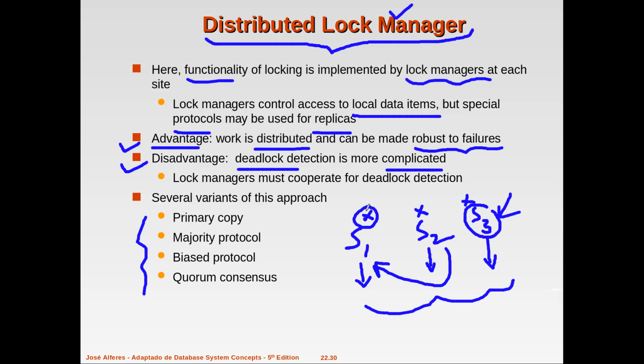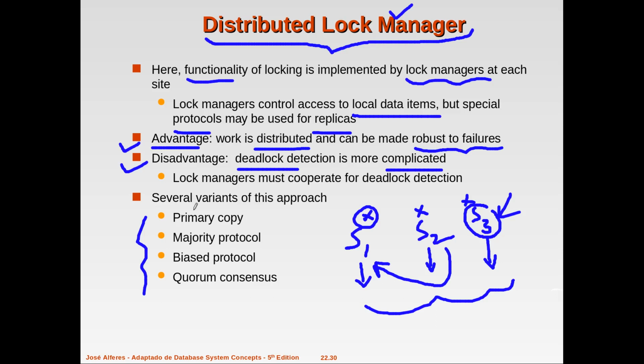We cannot identify or handle deadlock based on a single site as in the previous case. There all the information was gathered in a single site, but in the case of a distributed lock manager, the lock details are available in different sites. So just for example, to form a deadlock cycle, we need to refer to more than one site. So it is a difficult and complicated task in the case of a distributed lock manager.